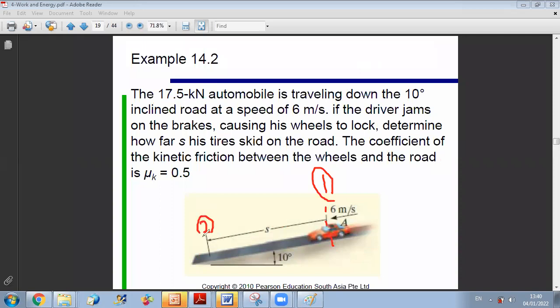The principle of work and energy tells us that the sum of work between 1 and 2 is equal to the kinetic energy at state 2 minus the kinetic energy at state 1.